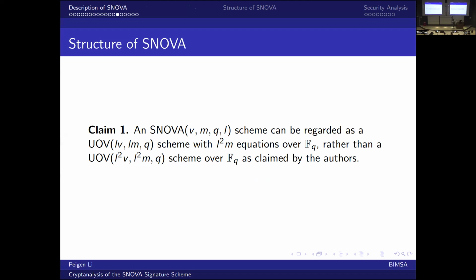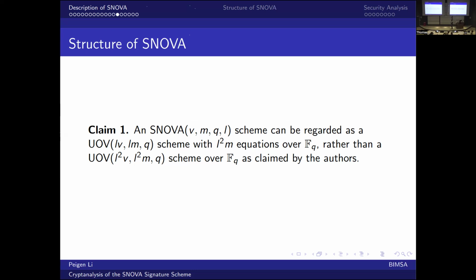This claim is the most important, because the complexity given by the SNOVA team just uses their claim. They think SNOVA is equivalent to a UOV scheme with l square v variables and l square m equations.